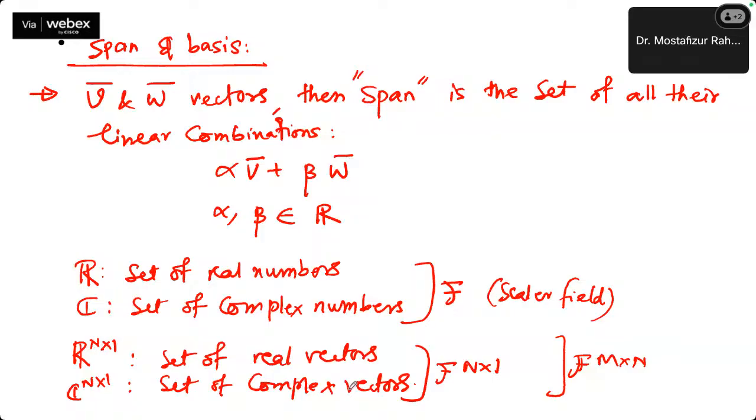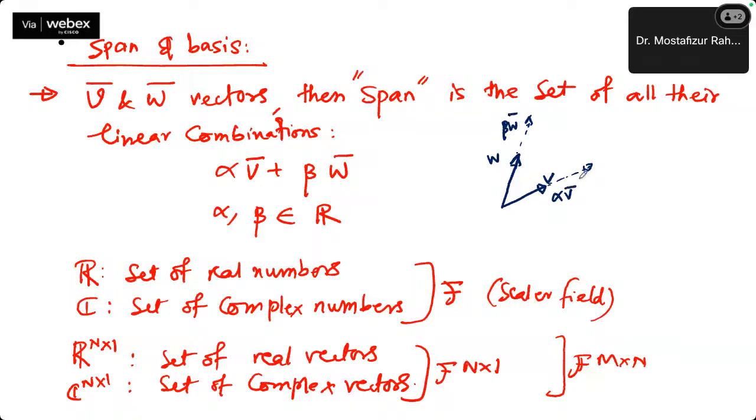Now, what does this mean? Suppose this is my vector v, and suppose this is my vector w. Now I scale this vector by alpha amount. It can be less, it can be more. For the time being, take it as alpha v, where alpha is greater than 1 or some value. And this is your beta w.